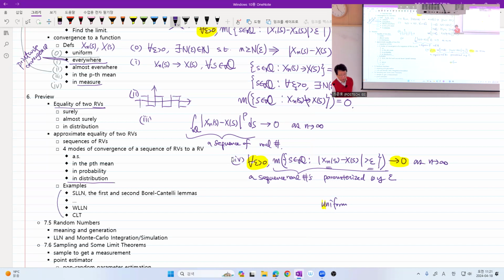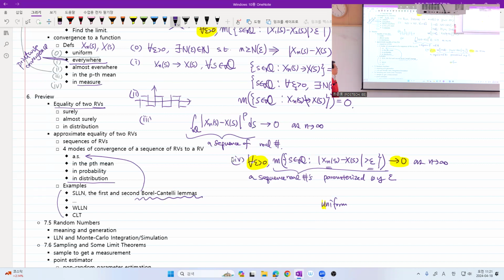And then, as we already have seen in our undergraduate programs, we talk about the strong law, the weak law of large numbers, and the central limit theorem again. And we are talking about Borel-Cantelli lemmas that are very, very useful in proving the strong law of large numbers and also related to almost sure convergence.